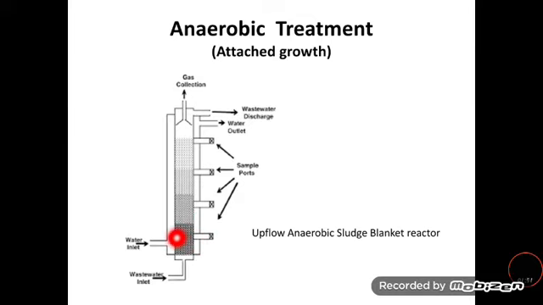The wastewater flows through the sludge blanket, the effluent is collected here, and the gas, that is biogas, is collected at the port at the top of the reactor, and sample ports are available at various intervals.